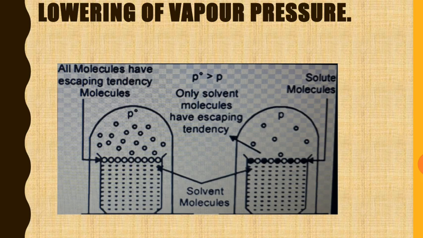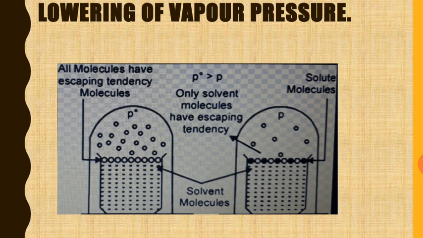While in the right hand side beaker, we added the solute particles. Now it will form the lock and key model. The solute molecules form one layer and below that the solvent molecules are there.